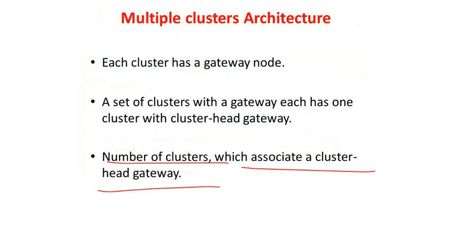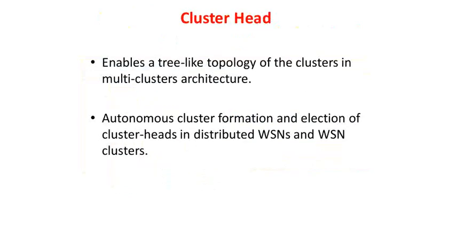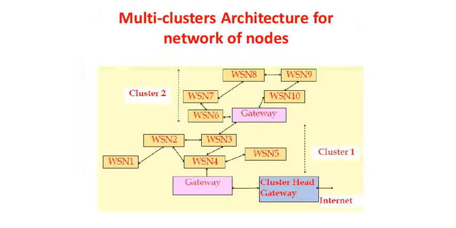I have already told you what we mean by the cluster head and the cluster gateway. Whenever some data is read by a particular WSN, it goes to its corresponding cluster, and through the cluster gateway it gets connected to the internet. So these are the two types of architectures we have for the networks of the nodes.